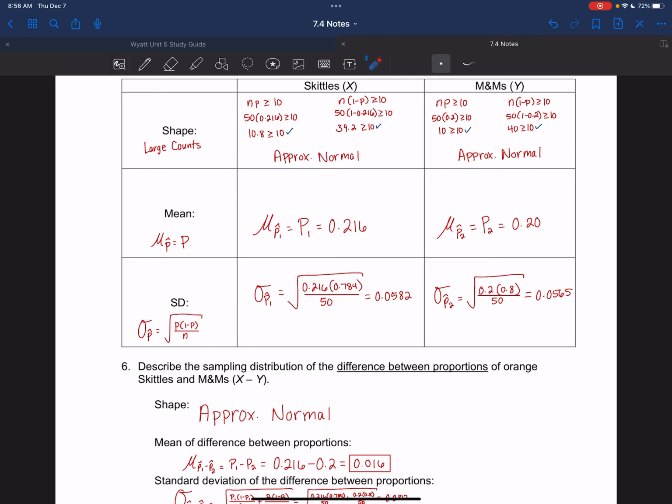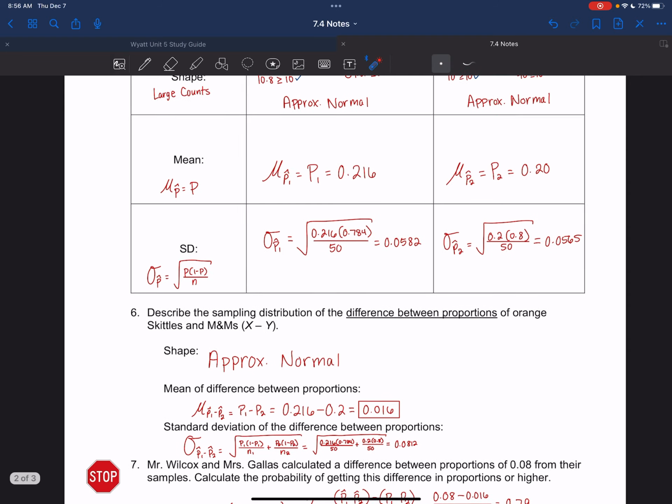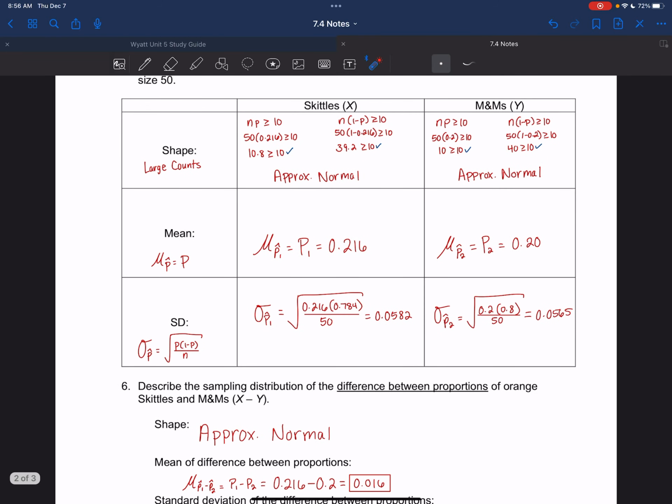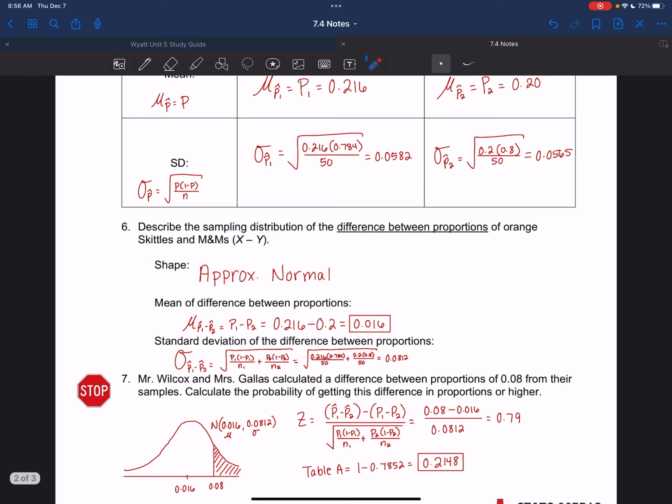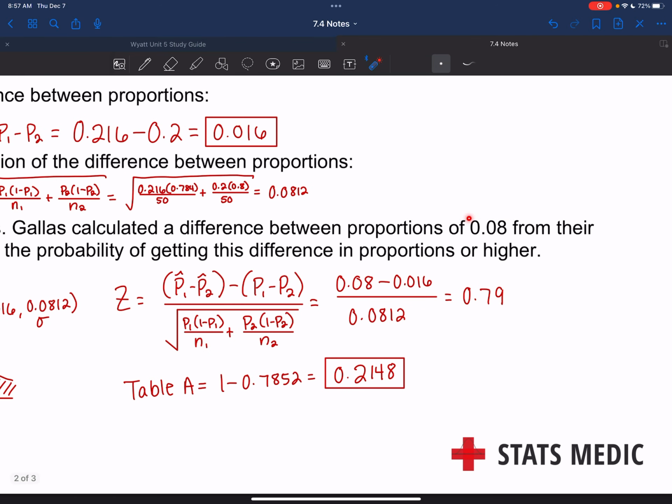Now, if we got a negative proportion, then since we're doing Skittles minus M&Ms, that would tell us that M&Ms would have a higher proportion. So in this case, we are looking at a 21.48% chance of getting a difference of 0.08 or higher. That means 8 percentage points more Skittles have orange pieces than M&Ms do in this case.